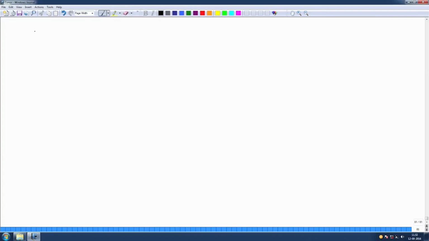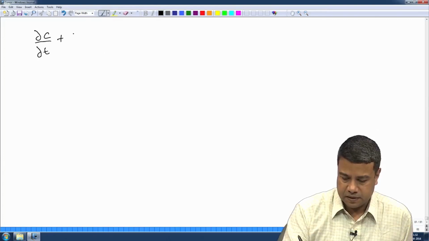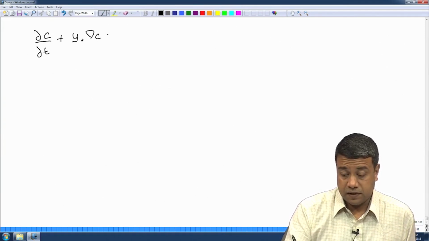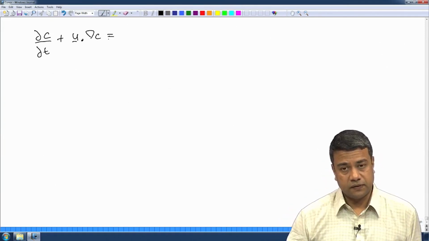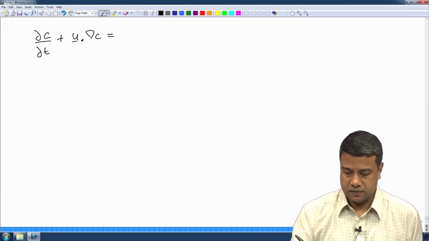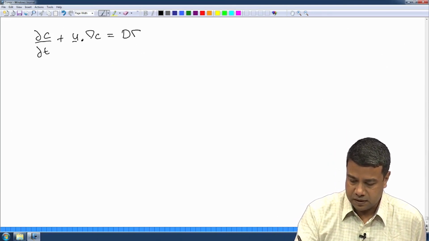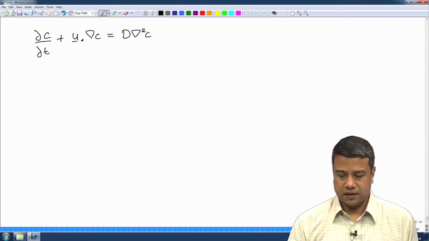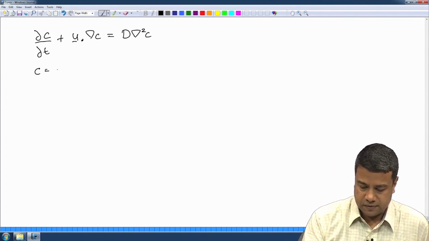For the concentration field, for example, dC by dt plus u dot grad c. This is only for incompressible flows where the divergence of the velocity is equal to 0, okay. It is equal to D del square c. And if I scale, okay, c is equal to c minus c infinity.